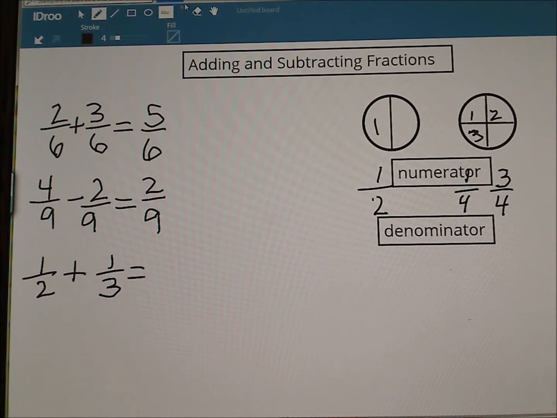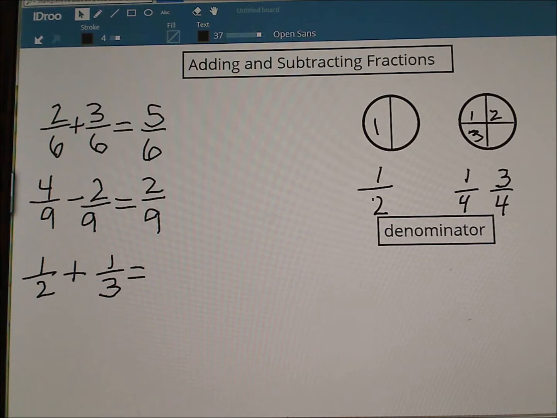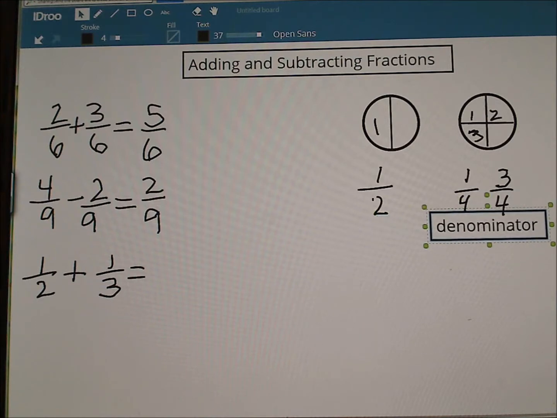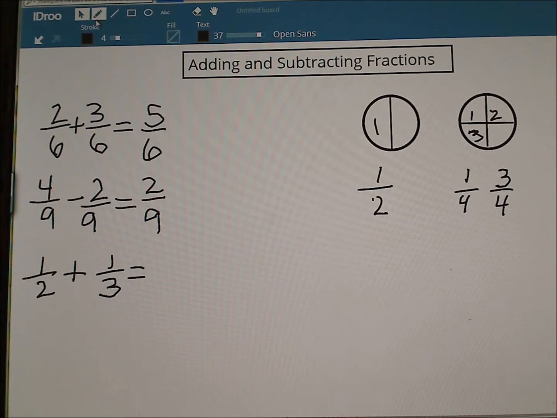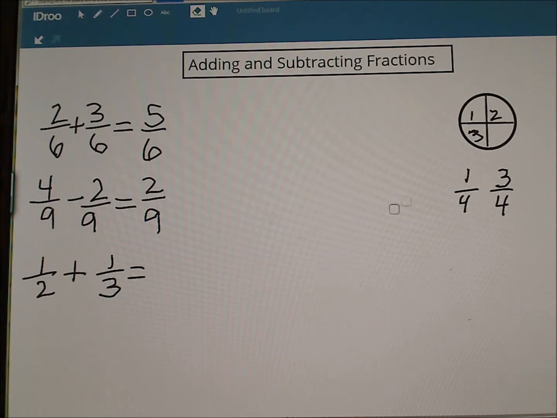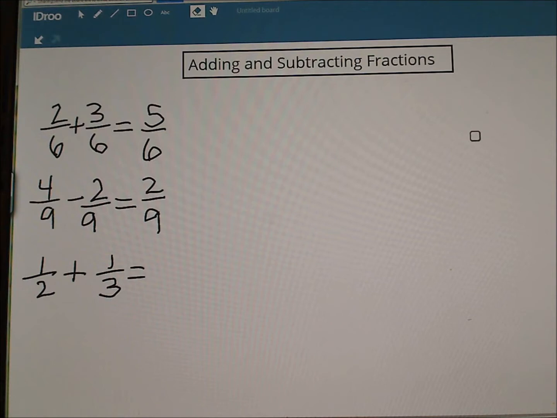So when you do not have the same denominator, what you have to do is find what we call, again, the least common denominator. And this involves considering your least common multiple. So a multiple that both 2 and 3 share, and it must be the smallest number that they both share. So when you think about the multiples of 2 and 3, the least common multiple would be the number 6.